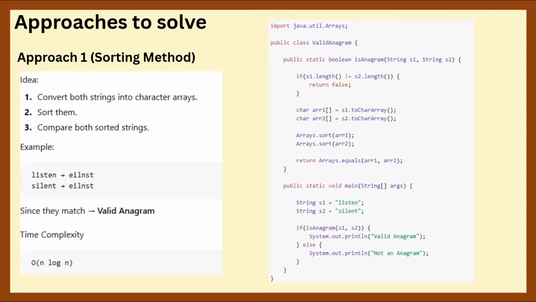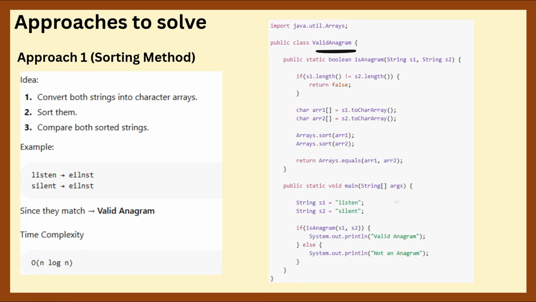Next, let's understand the code of this approach. Here we import the utility package and make a class ValidAnagram. Here is the main function, and we declare string s1 as listen and string s2 as silent.